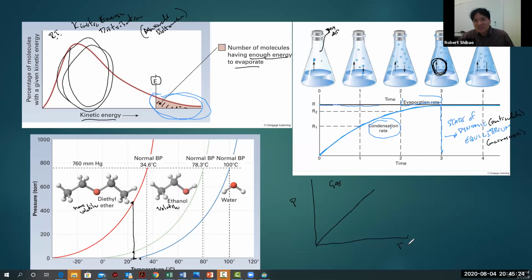This is absolute, Kelvin temperatures. So if we double the temperature, the pressure would double. This is Celsius temperature, so it's a little different, but essentially it's the same. And so it's linear. You've got to remember pressure is directly proportional to temperature, P equals K times T.